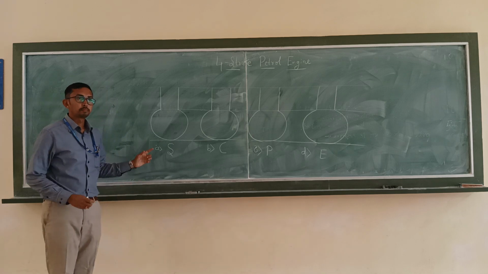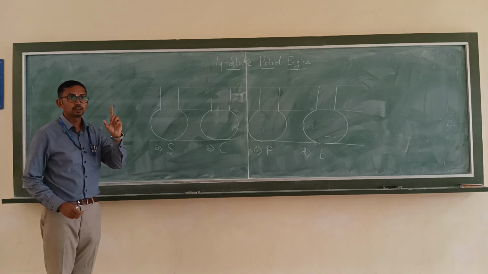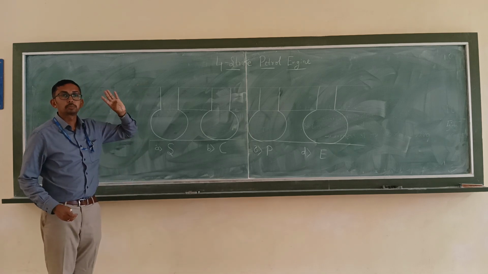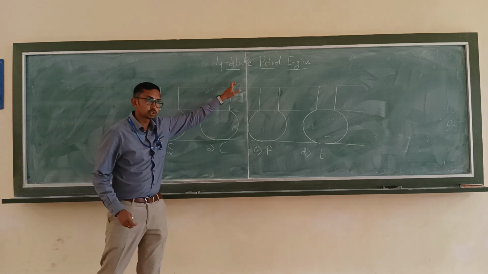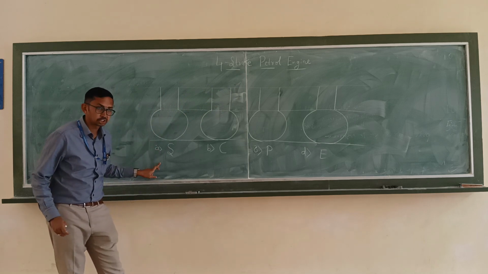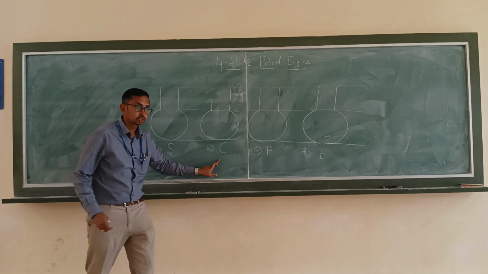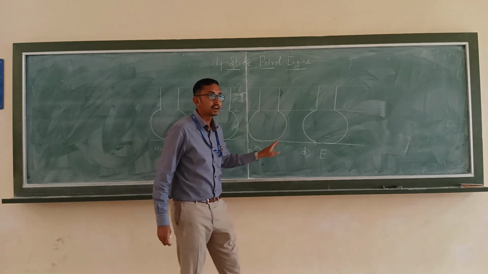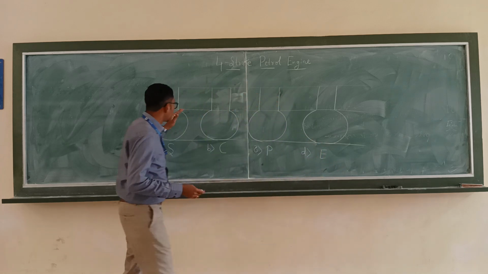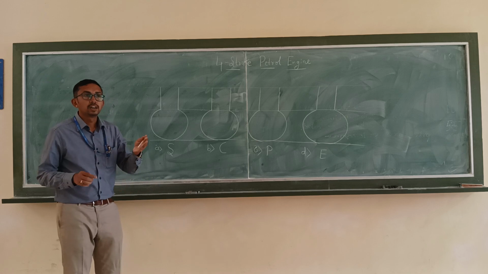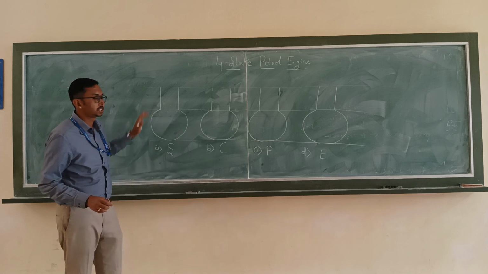So to complete one cycle, the piston has to reciprocate 4 times. That's why it is called 4-stroke: suction stroke, compression stroke, power stroke, and exhaust stroke. Is it clear?